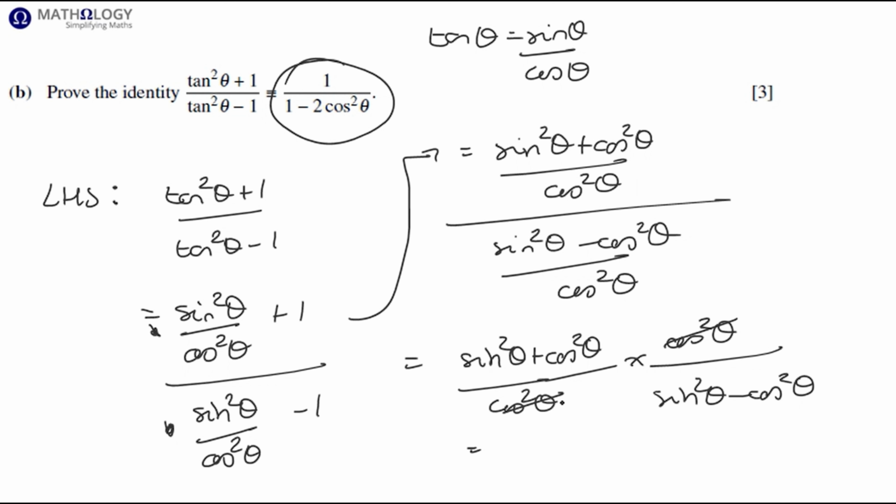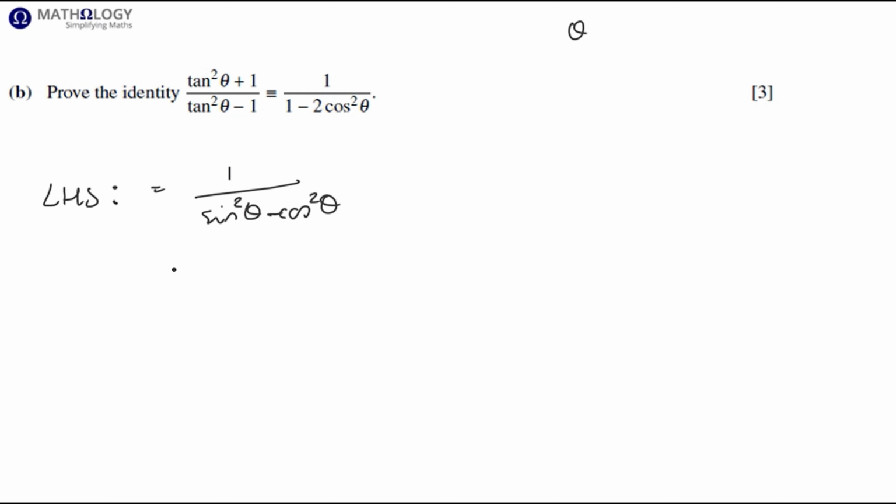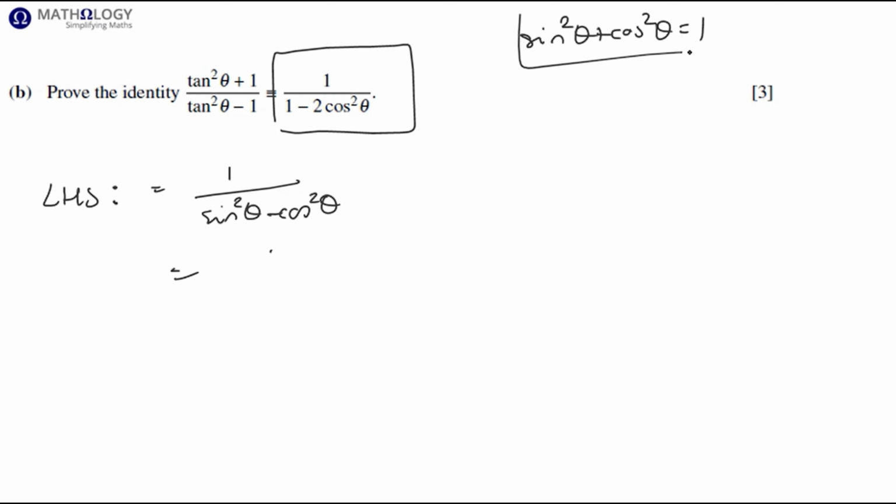Sine squared plus cos squared is 1, so we'll have 1 over (sine squared theta minus cos squared theta). Now the right-hand side contains only cos theta, so we're going to change the sine squared into cos squared. Recall that the square identity is sine squared plus cos squared equals 1.